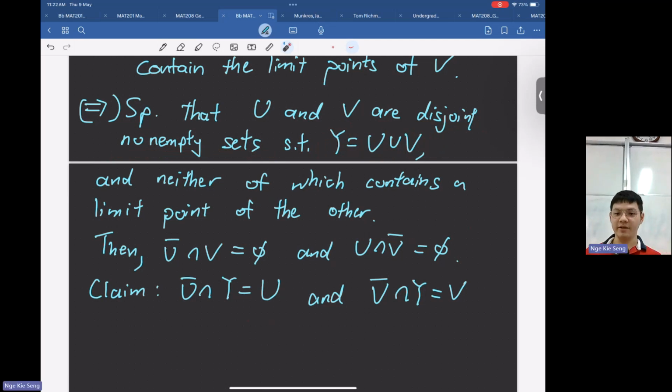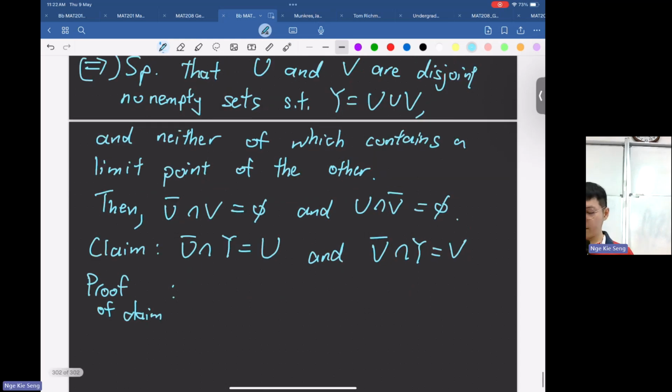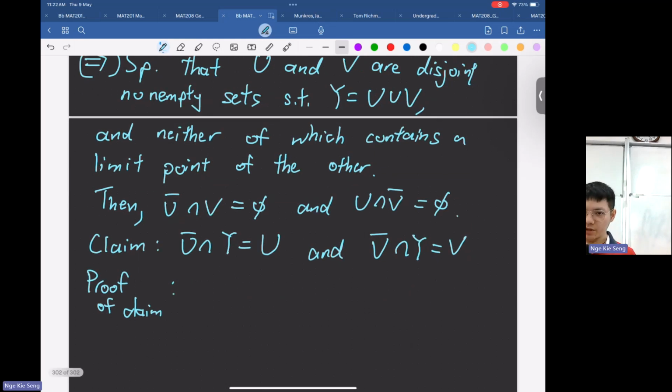So how to prove this claim here? You can see it from easy set theory manipulation. For example, U bar intersect Y equals what? It equals U bar intersect (U union V), because this is by assumption.